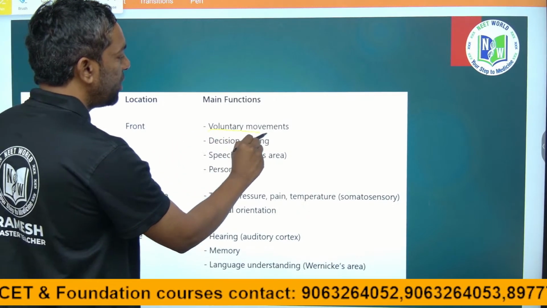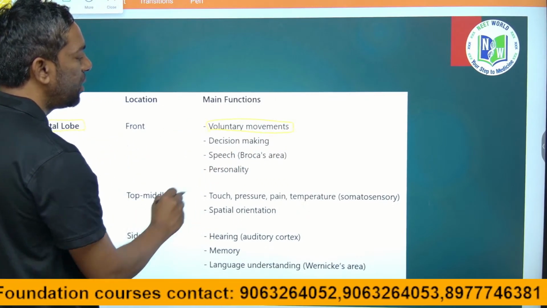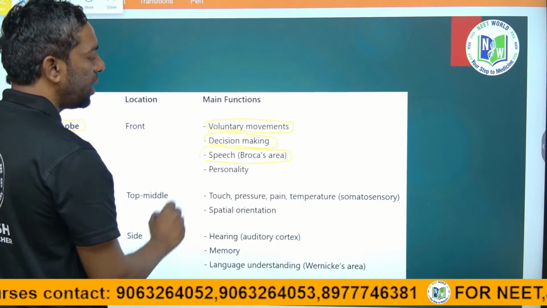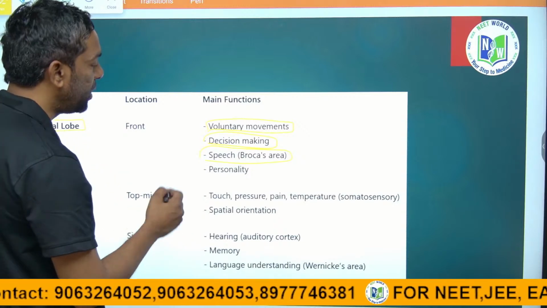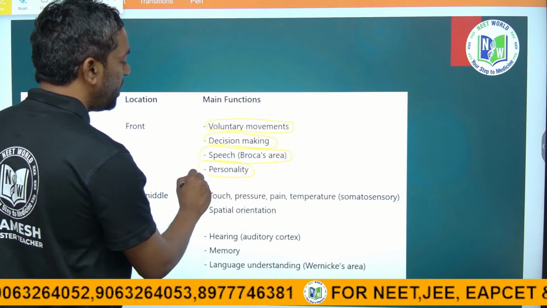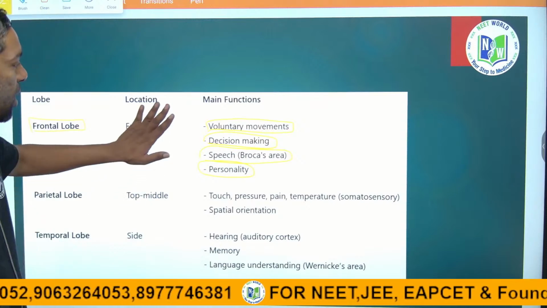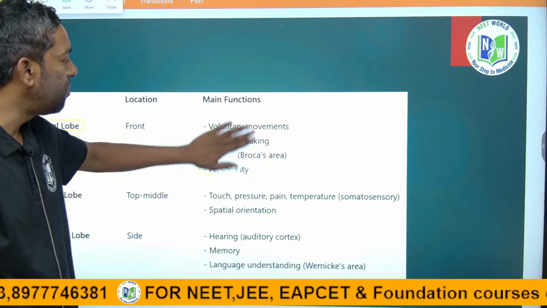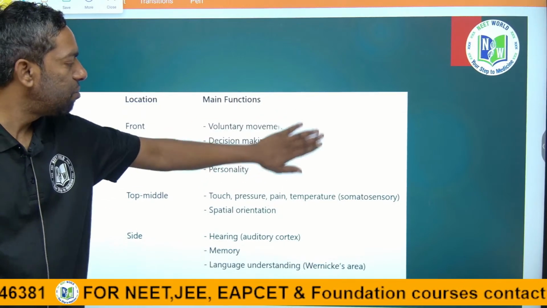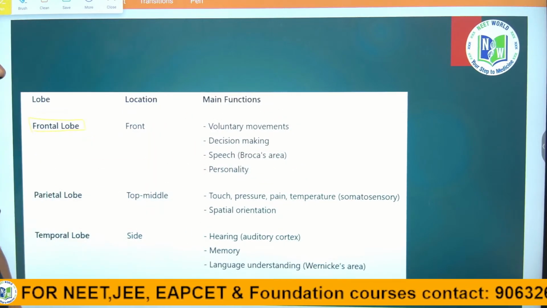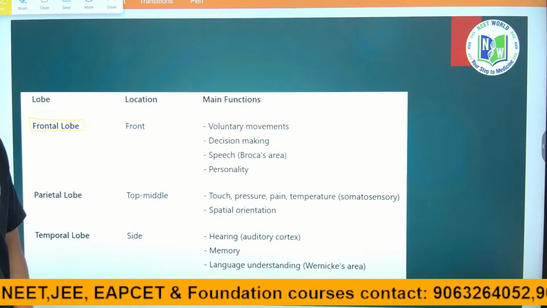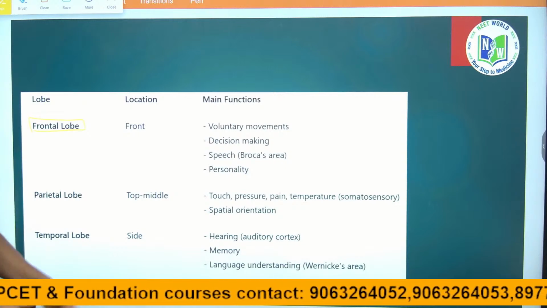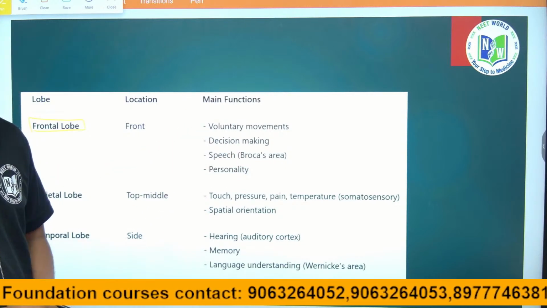Voluntary movement, decision making, speech, Broca's area, and personality development all come under the frontal lobe.